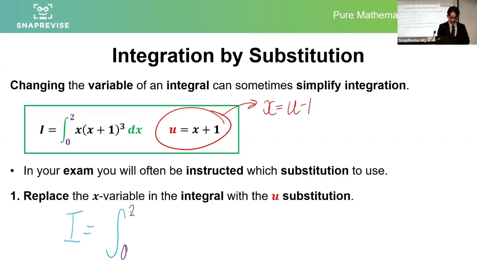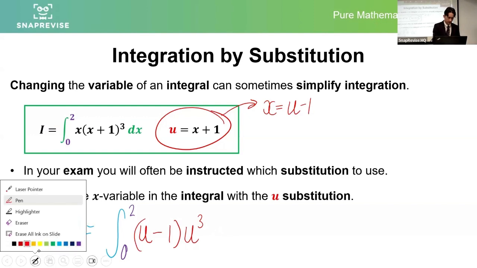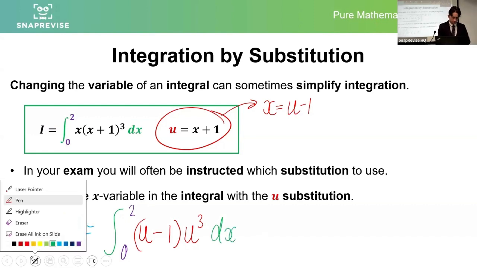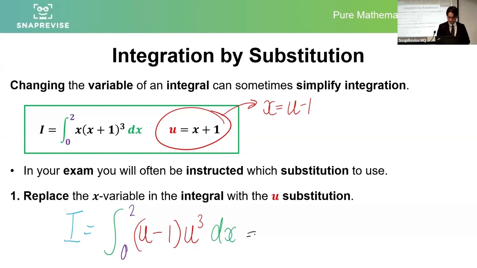And I'm actually going to replace x with u minus 1, and x plus 1 is u, so I'm going to replace that with u cubed. And unfortunately, I'm still in dx. This is where I'm at.